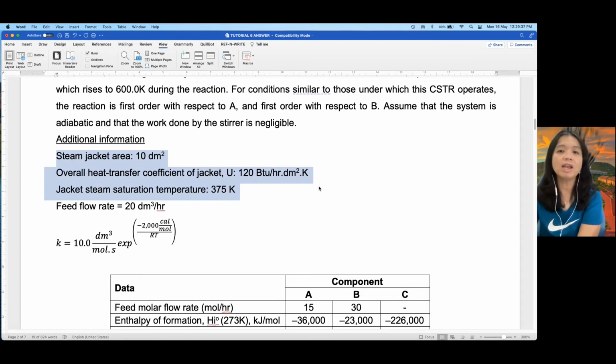So this is an example where I have the values to calculate Q, but my Q is 0 because it is adiabatic. So done. Next one.